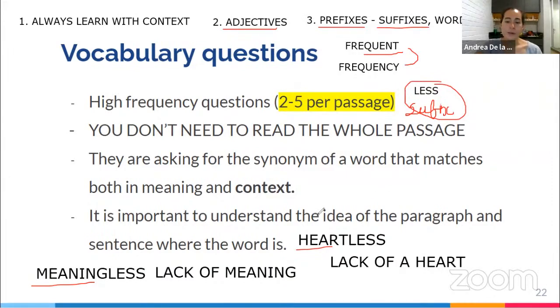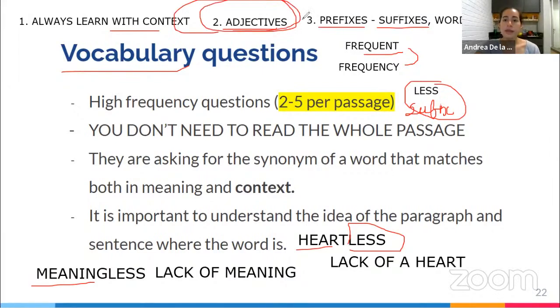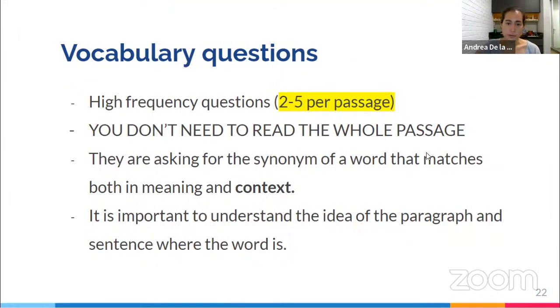But it shows how just by learning what a suffix or a prefix means, you can expand your vocabulary. Okay, so those are the 3 tips I give you for learning vocabulary, which is important for the TOEFL test. Learn with context, focus on adjectives, don't forget about everything else, and make sure you know some prefixes and suffixes and some examples of them.